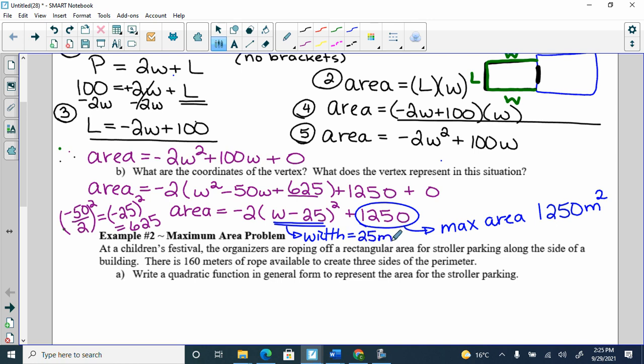If I have the width and I have the area, anyone know how I get the length? Area is length times width, correct? So you can divide it. If I want the length, I just take the area and divide by the width and I'll get my length, correct?